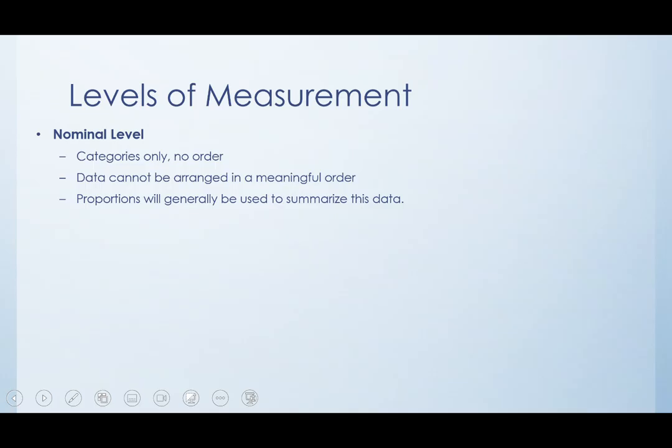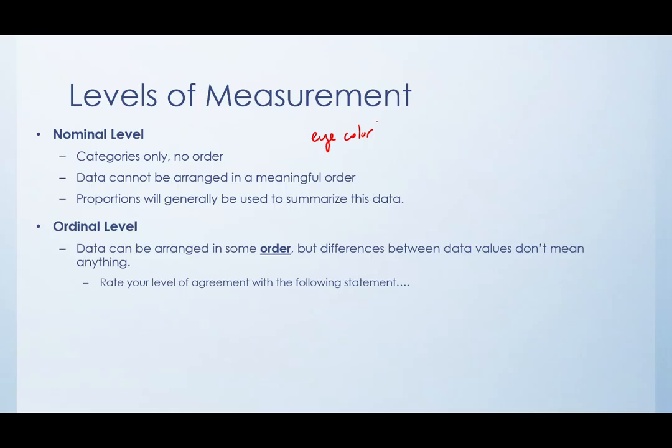Okay, so this might be like eye color, right? So eye color, your different colors, don't have really a meaningful order here. You could go in rainbow order, but then you got to throw brown in the mix, right? And hazel. So not so much. So this would be at the nominal level of measurement.